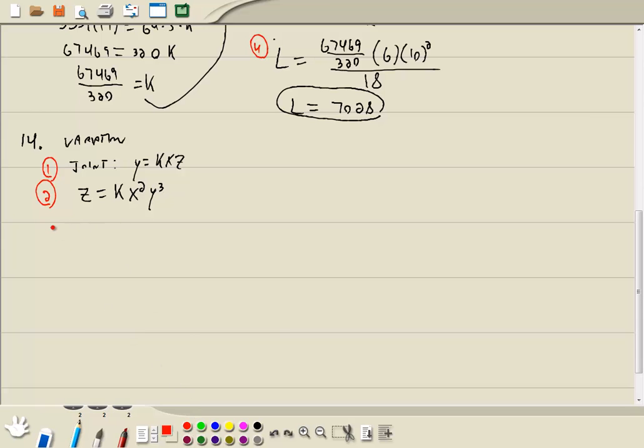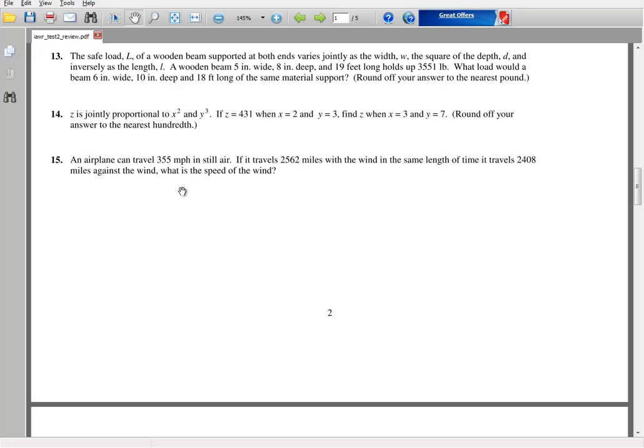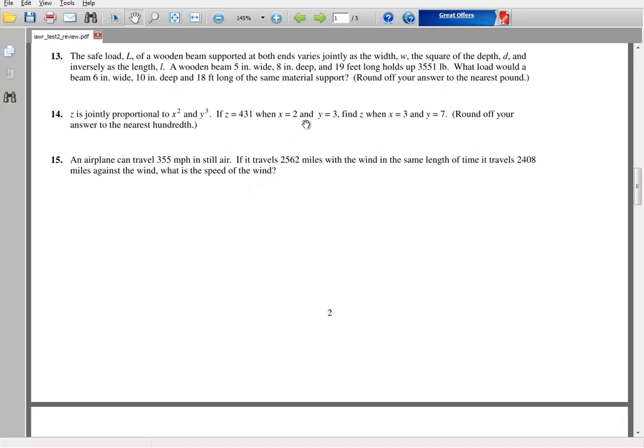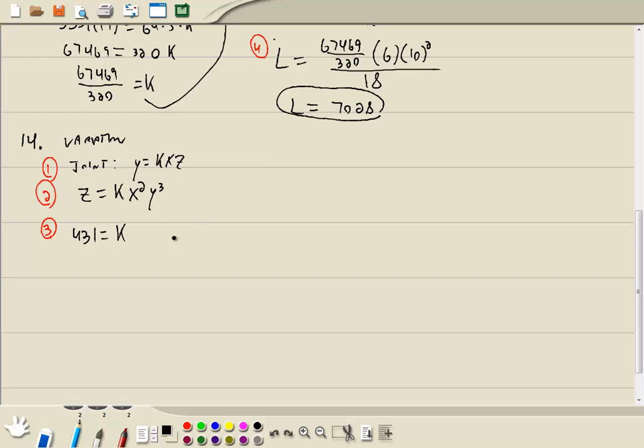Step 3, look for your one example. If z is 431 when x is 2 and y is 3, so x is 2 and y is 3. Well, we're going to use that to find k. So we got k times 2 squared is 4 times 3 to the third, which is 27.